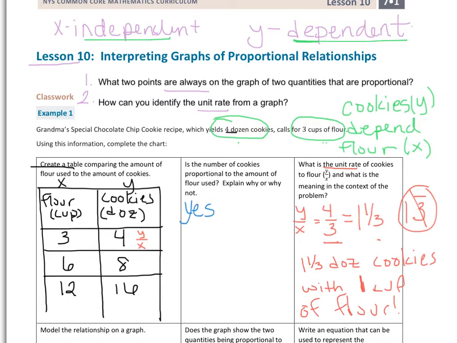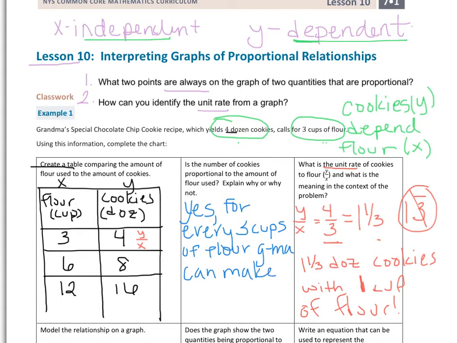Well, yes, I did make a proportional table here, so I know that my ratios are equal, but I'm going to say yes, for every 3 cups of flour Grandma can make 4 dozen cookies. So yes, it is a proportional relationship.